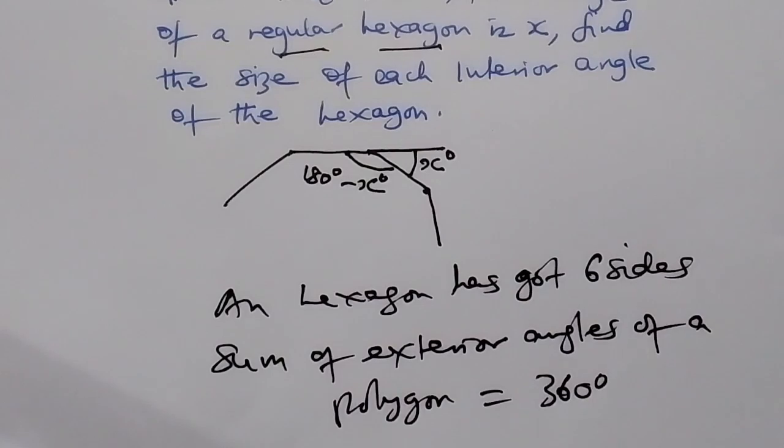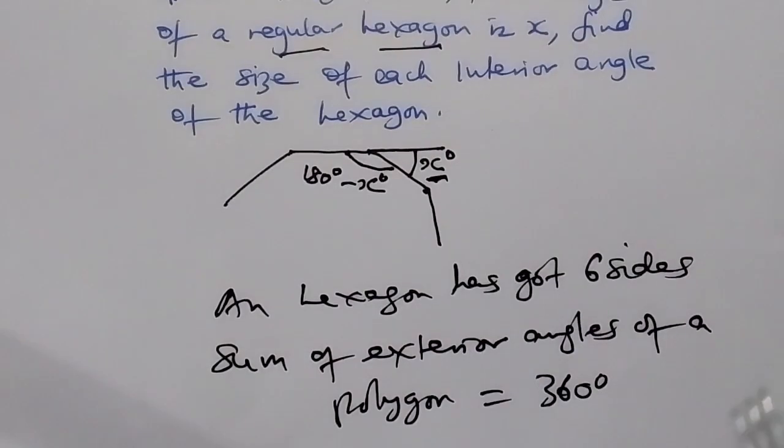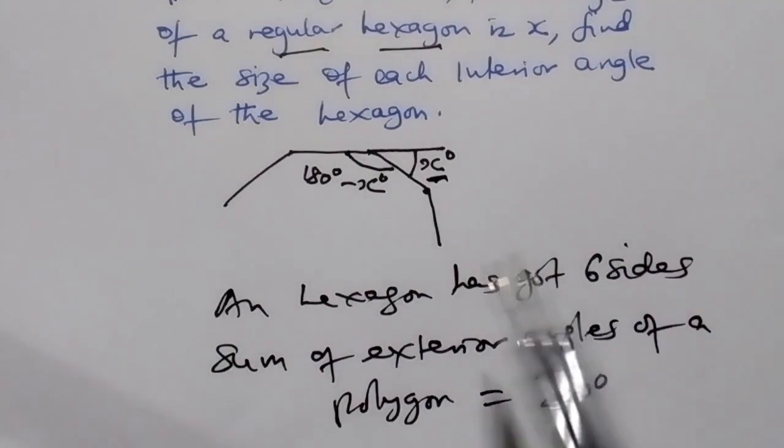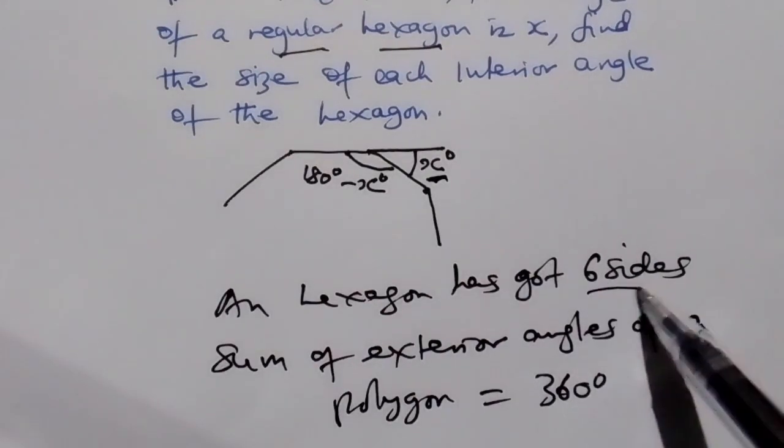Now from here we can find the exterior angle x. We know that a hexagon has got 6 sides.